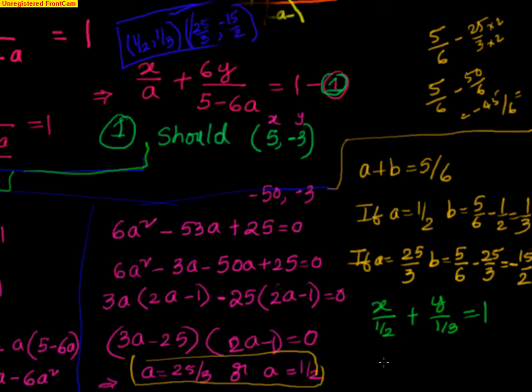That's nothing but equal to 2x plus 3y is equal to 1. So this is one equation if I take 1 by 2 comma 1 by 3. Okay. Now if you take another equation, let me just erase this and do the same thing here itself. So what is that? 2x plus 3y is equal to 1.